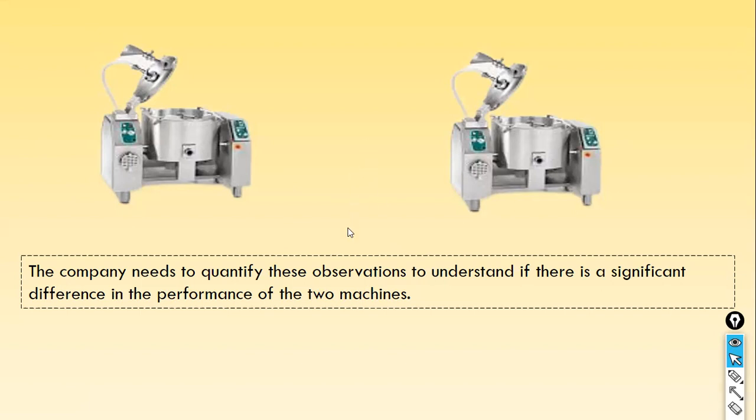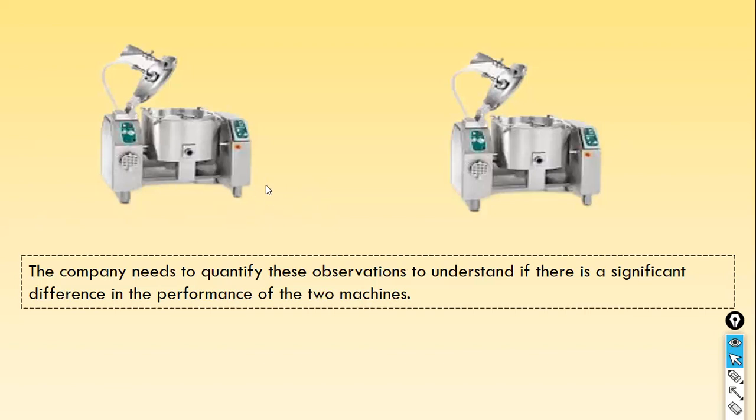Okay. So see, when a company observes that machine A seems to be less consistent than machine B, it is based on anecdotal evidence. Just because two machines are there, these two machines can also have some kind of variation, even though it is new. Let's say this machine, in some cases, the variation is not much.